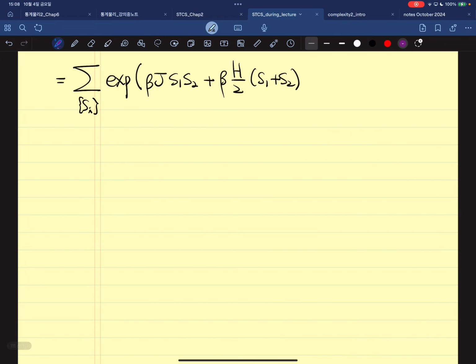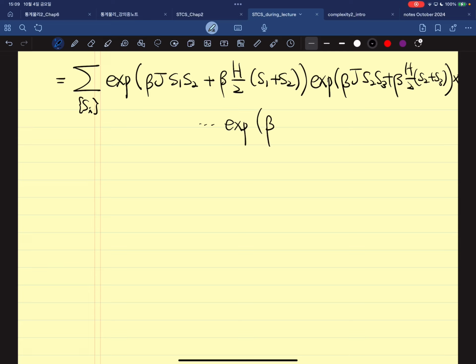So this one, and times exponential of beta J s2 s3, s2 plus s3, times etc. And the final term would be sn s1, sn plus s1.